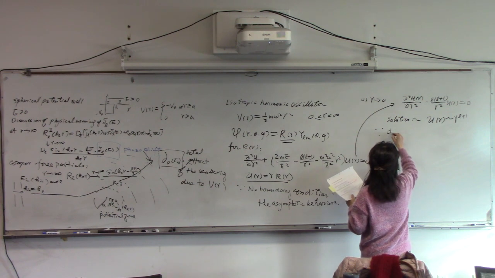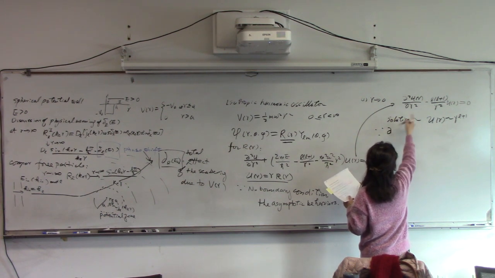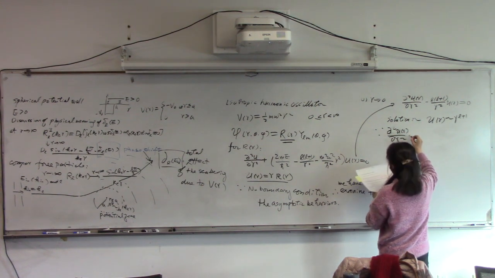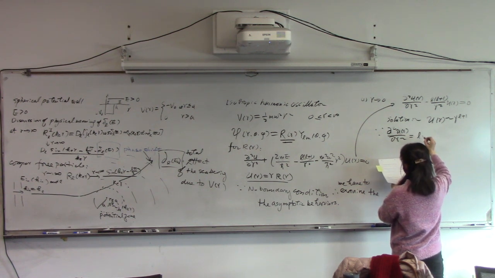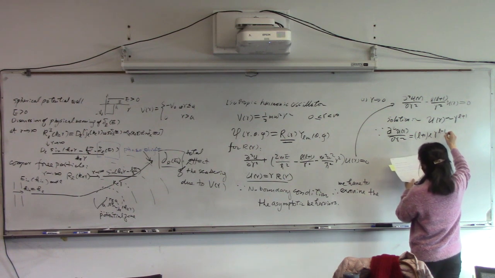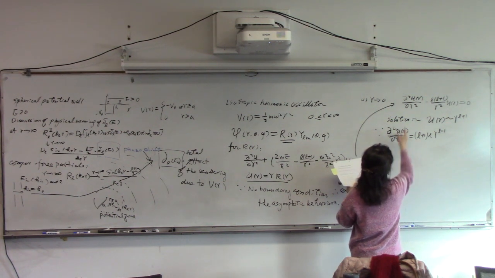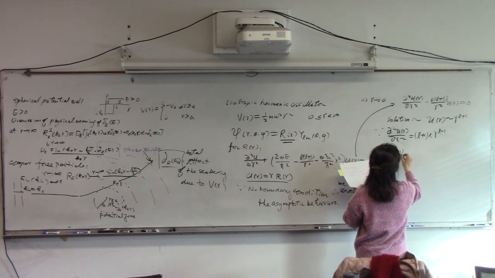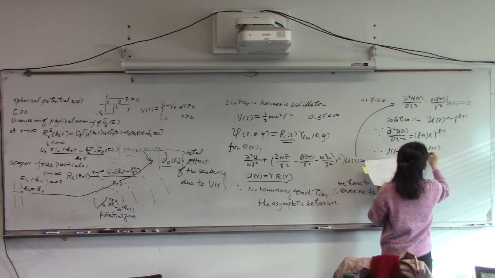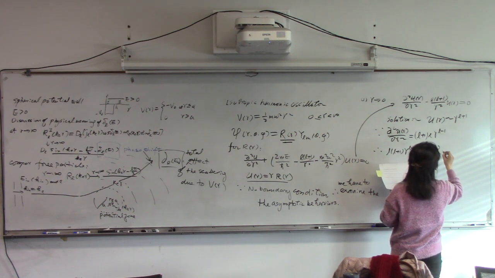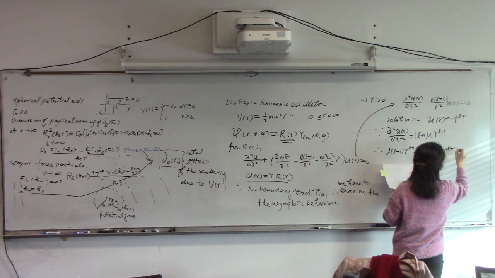If you use this one, it is (l+1) times l, r to the l minus 1. Then the equation becomes (l+1) l r to the l minus 1, minus l(l+1) over r squared, times r to the l plus 1.